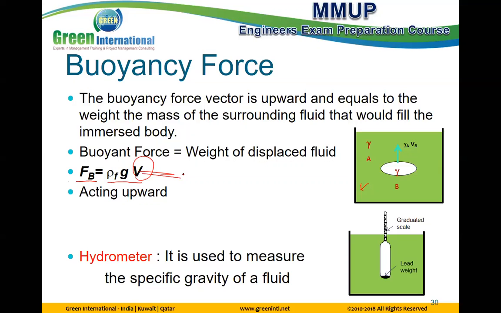But there is a note: this volume is not the total volume of the body all the time. If the body is totally submerged, it is the total volume of the body.